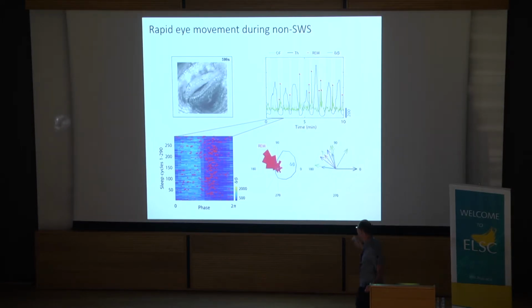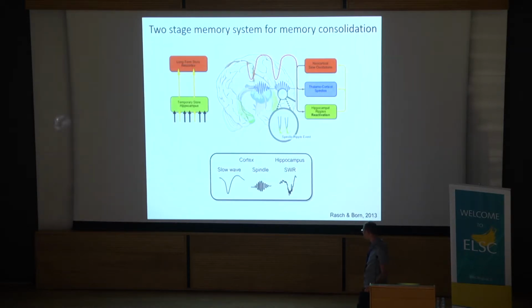And again, this is some quantification over animals and nights, showing the same type of phenomena. So taken together, both in terms of amplitudes of the signal, frequencies, and eye movements, we have something that is very similar to what we know from mammals, mammalian sleep.